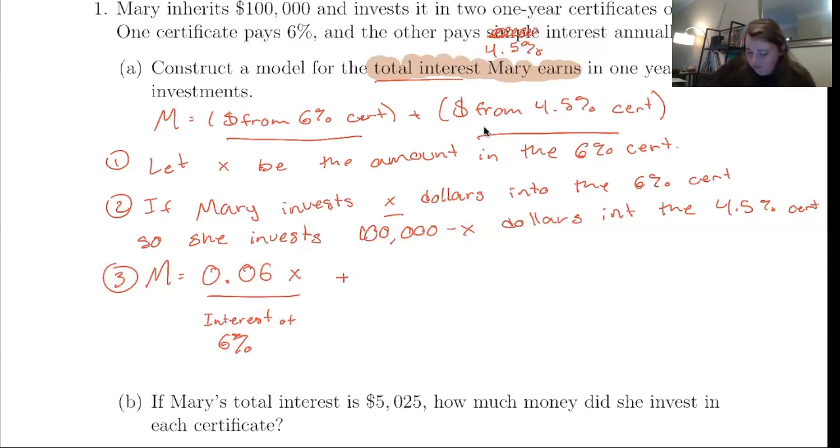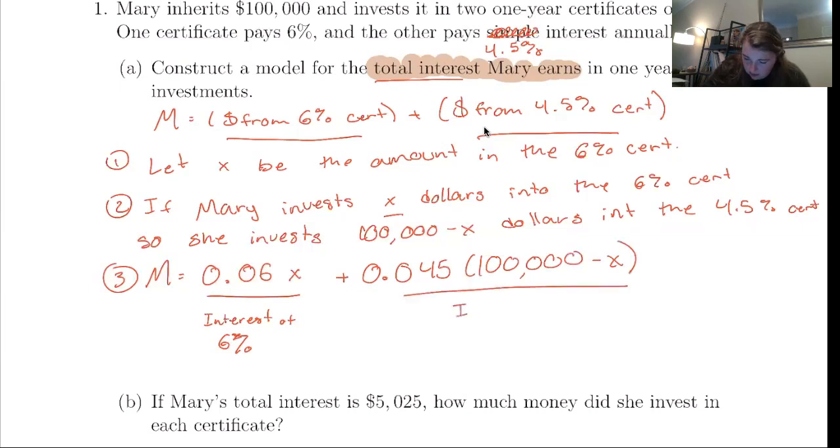So I'm going to take my interest. Careful, it's 4.5%, so 0.045. And then 100,000 minus X. And that's going to be the interest of the 4.5%. Okay? $100,000 minus X. Okay?